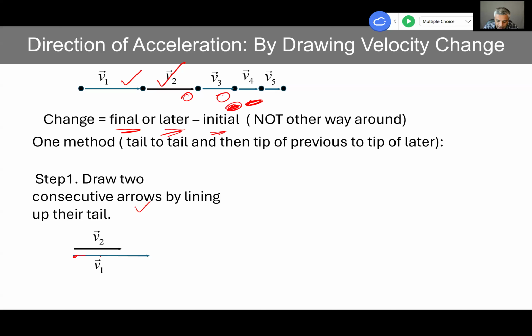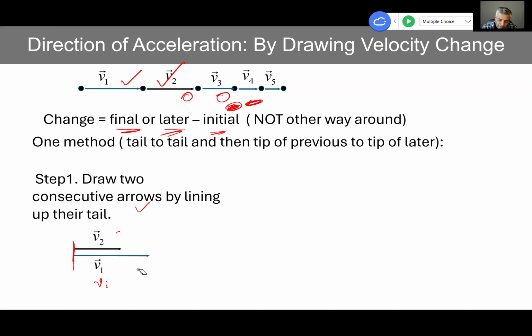Ideally, I will draw right on top of it, but if I do that, both lines may not be visible, so that's why I draw a little bit on the side of the first one, okay? So see how I'm lining up tails together. And now you can think of this as an initial, and this as a final, when you have just two. Why final? Because this is second, this is first. So first is initial, second is final. Now we are just talking about two. We can call one initial, another one final, okay?